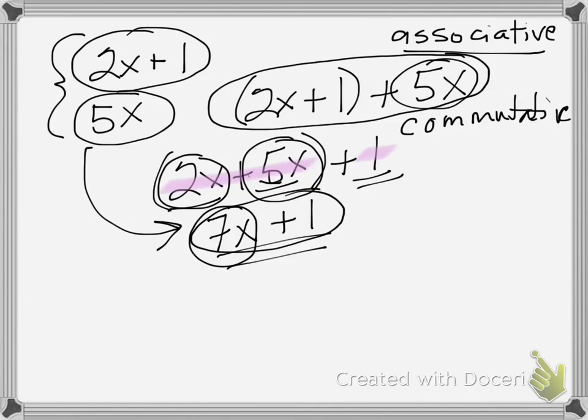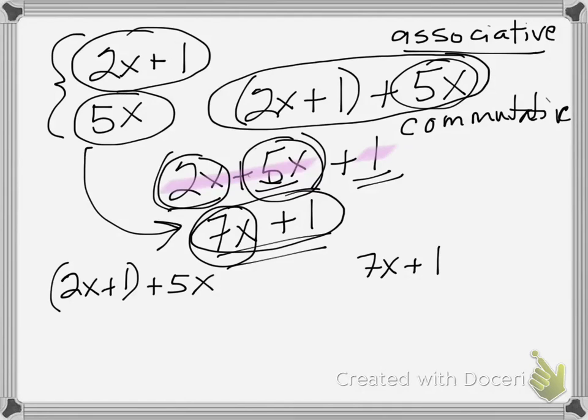Now we can prove it, and we can prove it by looking at both of these expressions side by side, okay? So let's go ahead and do that. So if we take what we started off with, 2x plus 1 plus 5x, and right alongside of it, we look at 7x plus 1, okay? And what do we need to do here? Well, we need to find something to plug in for the x.